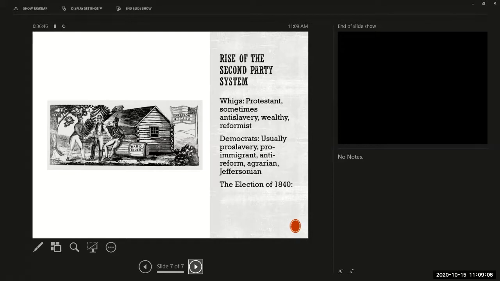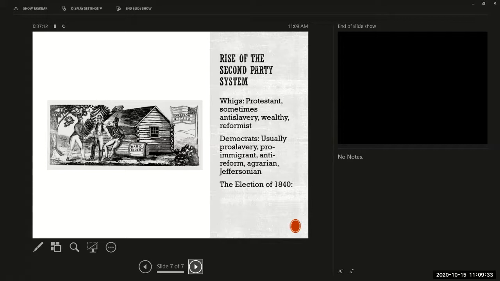And what's important about this is that things had crystallized at this point into two groups. People who supported Andrew Jackson and thought that he had done a good job, and people who hated everything that Jackson stood for. The second party system involved the anti-Jackson forces identifying themselves as Whigs.